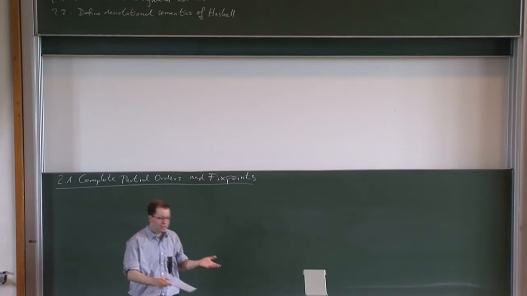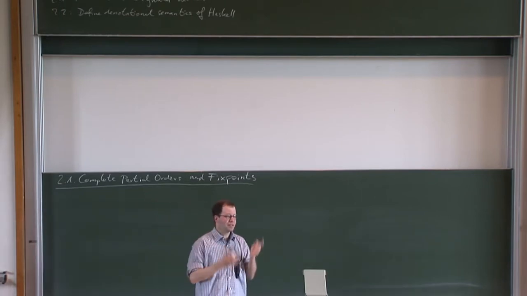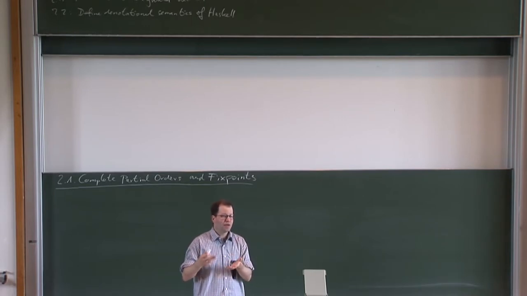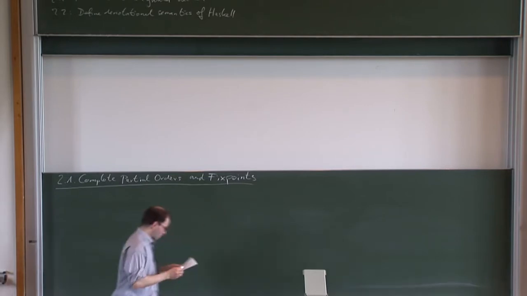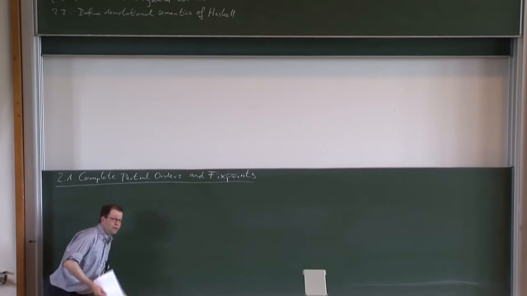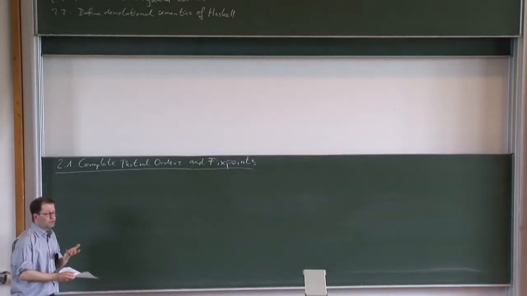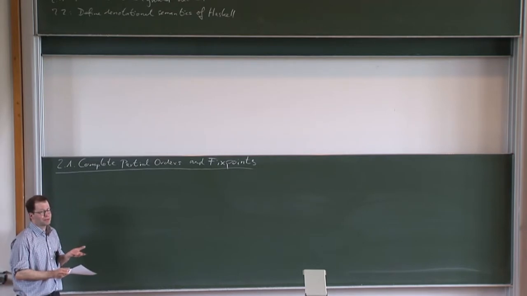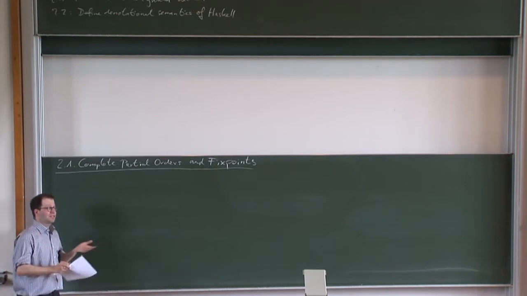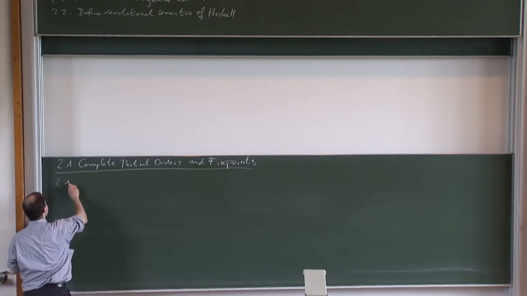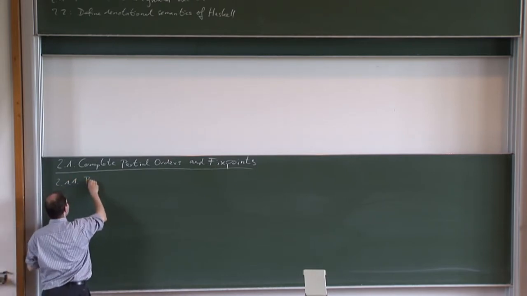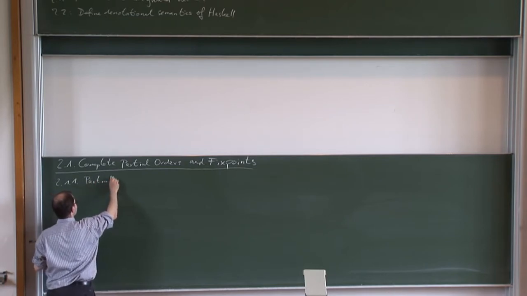For example, you can have a list where the first element is, say, 1, and the second element is some kind of function which doesn't terminate. Now, what value do we want to assign to this Haskell list? That's not so clear. And therefore, the first thing we have to look at is how do we deal with these partially defined values where the value is a bit defined but also a bit undefined. What do we want to do with this? And that's the first subsection. What do we do with partially defined values?